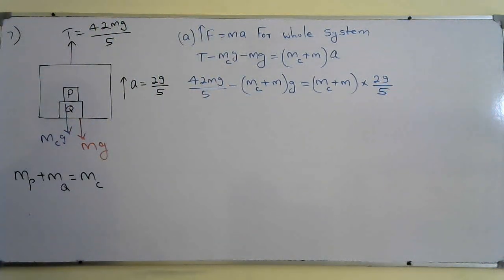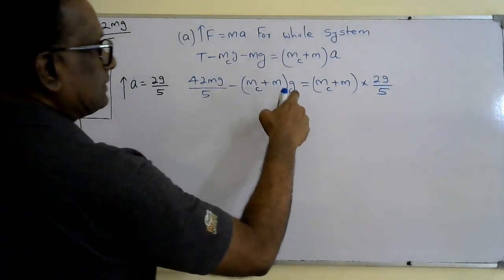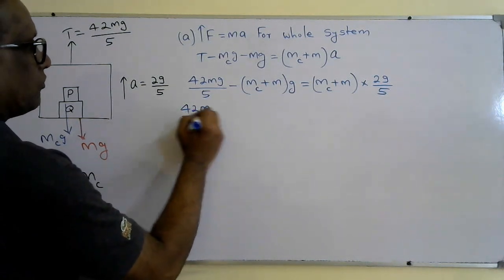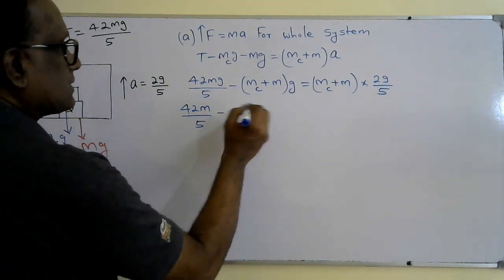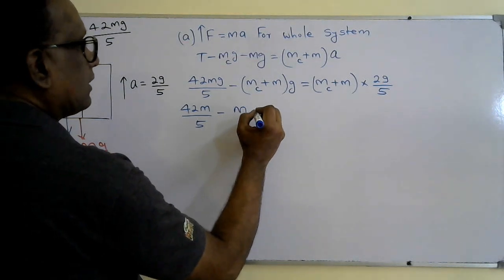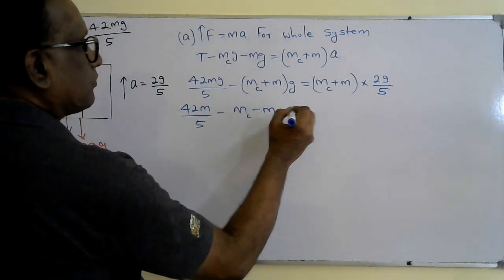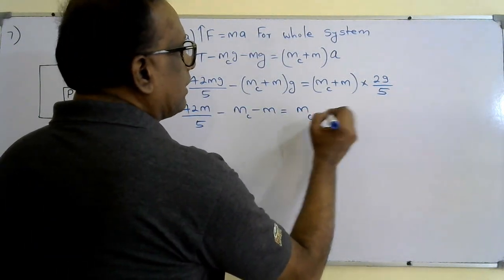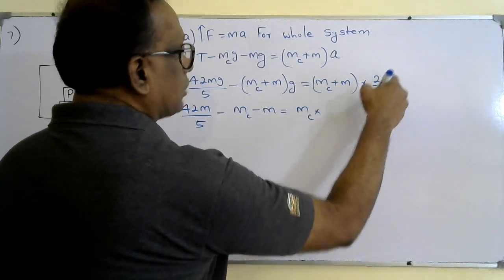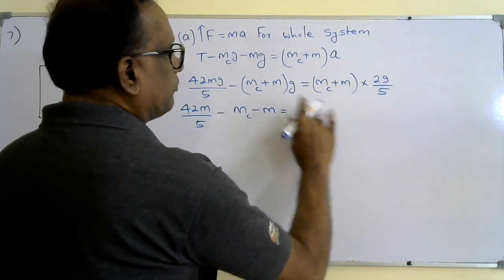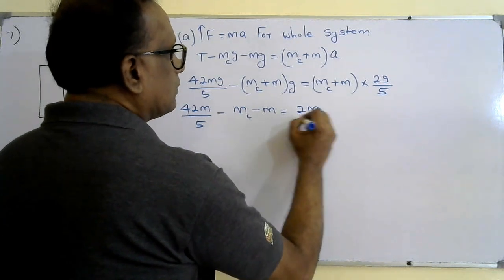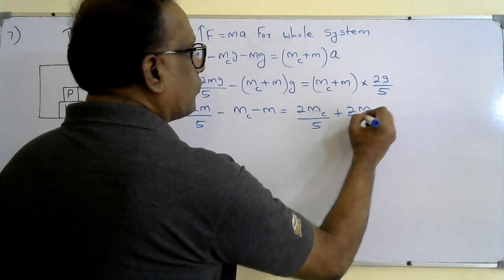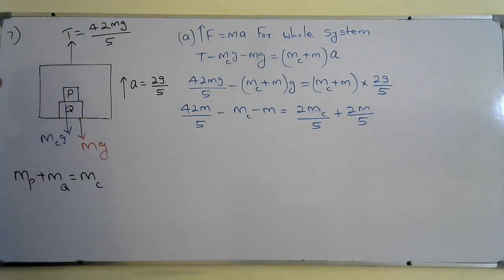From all the equations we can cancel g. So that will be 42M over 5 minus Mc minus M equal to 2Mc over 5 plus 2M over 5.